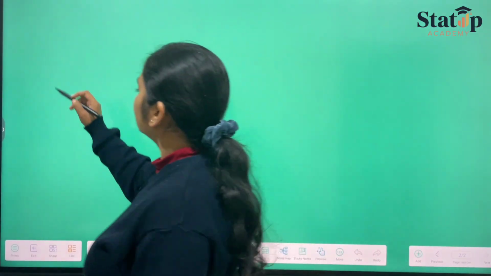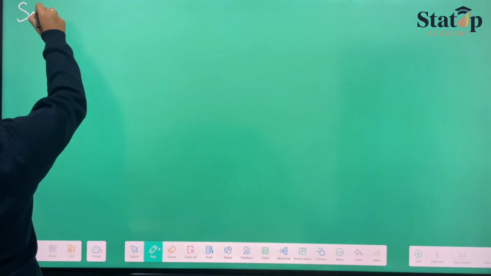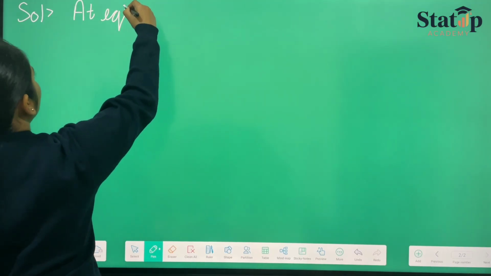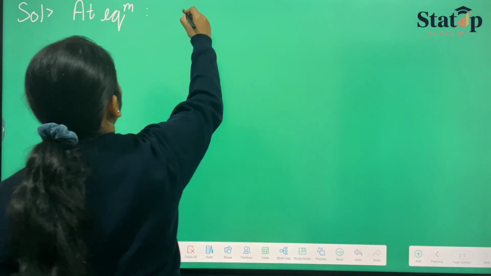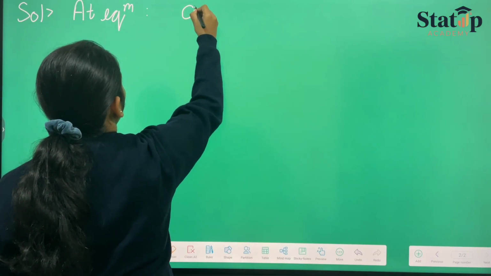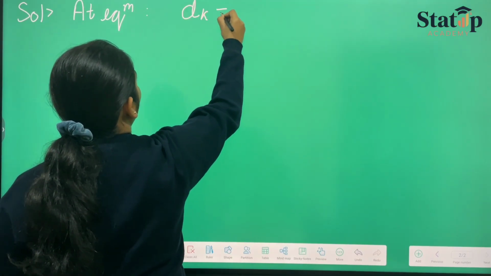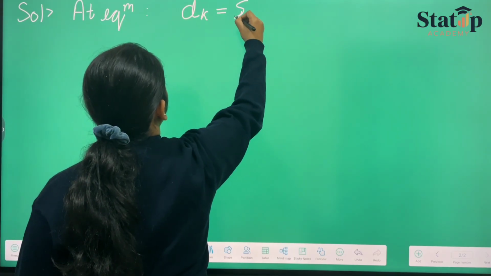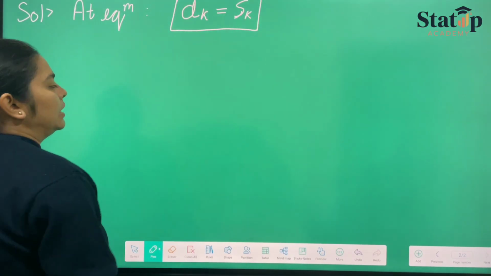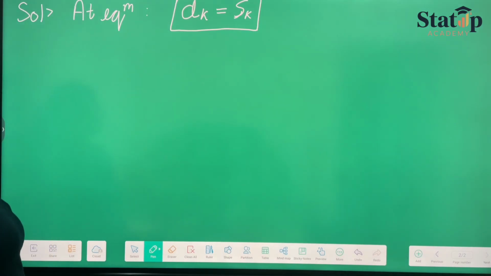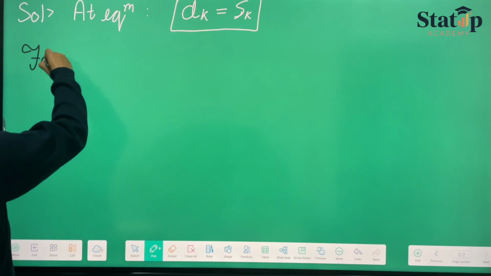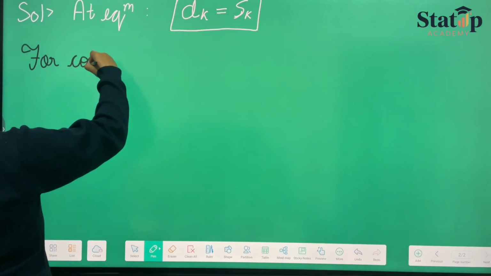Now we know that at equilibrium, demand of any commodity, if I am saying demand of commodity K, should be equal to supply of commodity K. Demand function is equal to supply function at equilibrium, which we have drawn as a diagram or a graph as well.